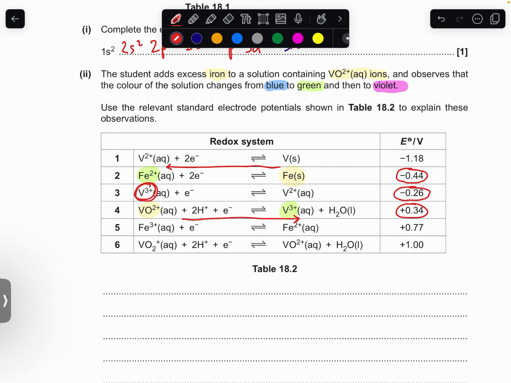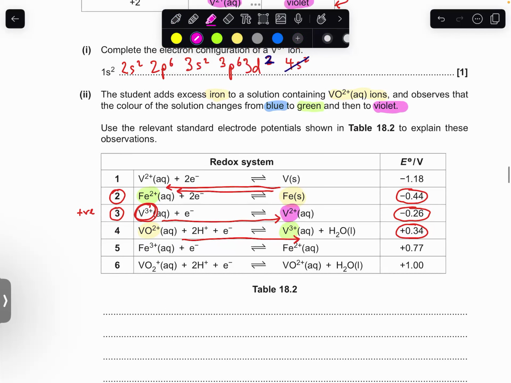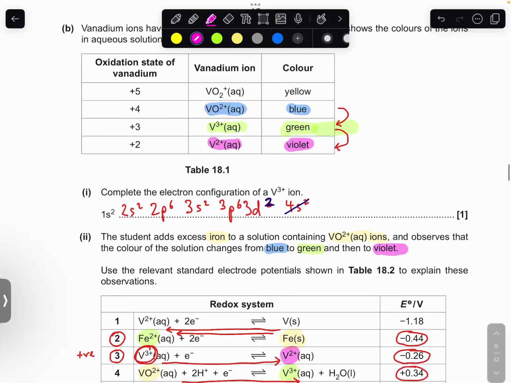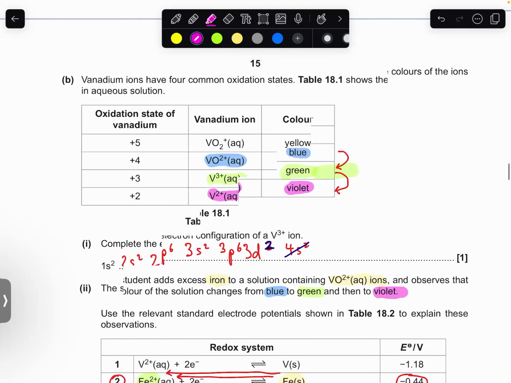I'll just repeat that: redox system 3 is more positive than redox system 2. So this will gain electrons, and the iron again will lose electrons. And since we've got excess iron, this then goes on to form V2+ ions, and V2+ ions are violet in color.